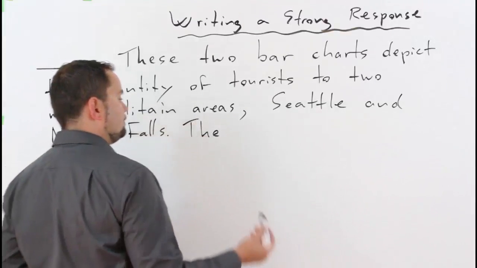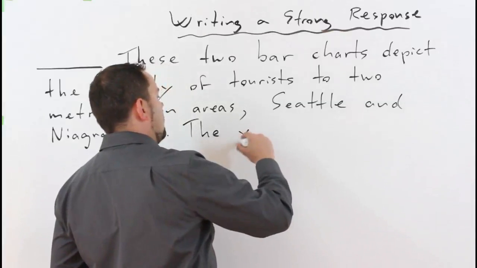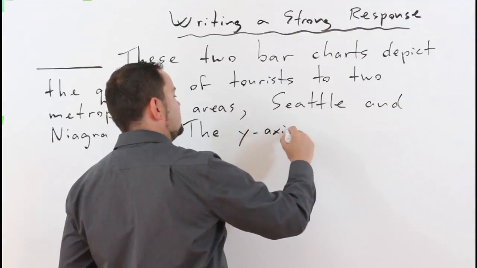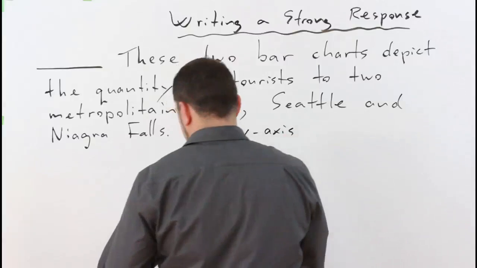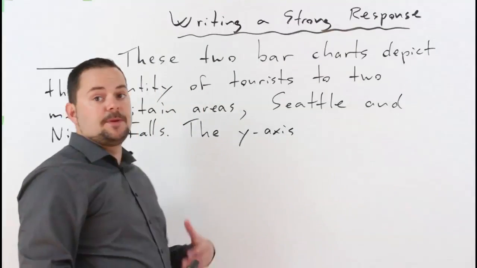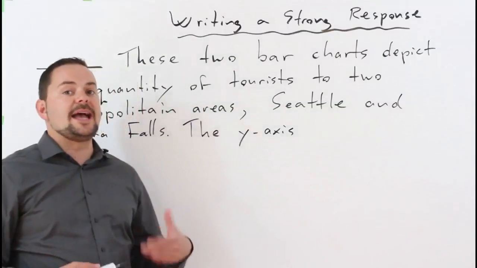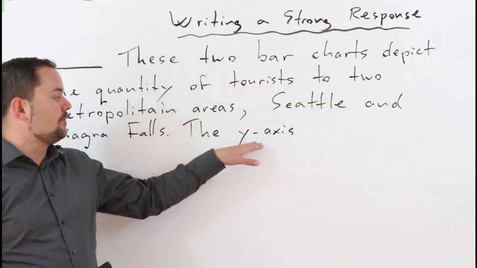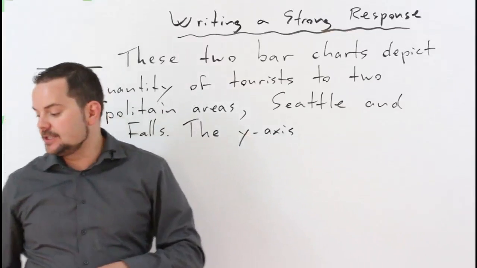The y-axis, or here we need to use a plural, of course, because we have 2 y-axes. So the plural for axis is axes.